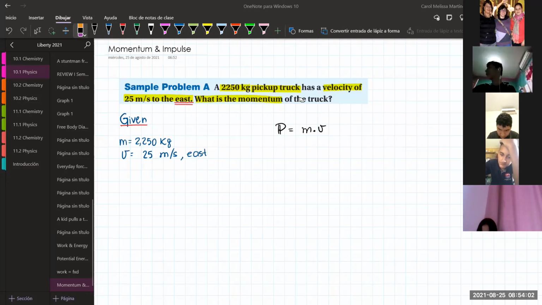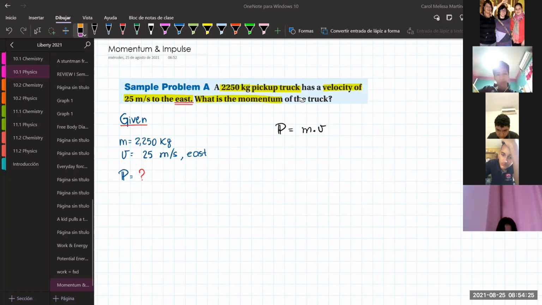And they're asking you what is the momentum. So to find momentum, all I need is this equation. So I need to see if the mass is given. Mass is given, yes. If the velocity is given, yes. So all you need to do is plug in the givens.